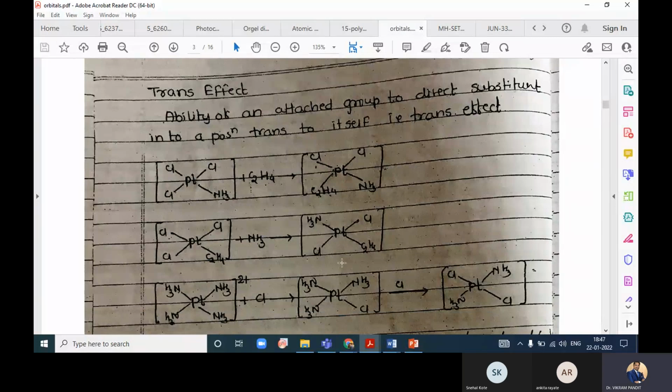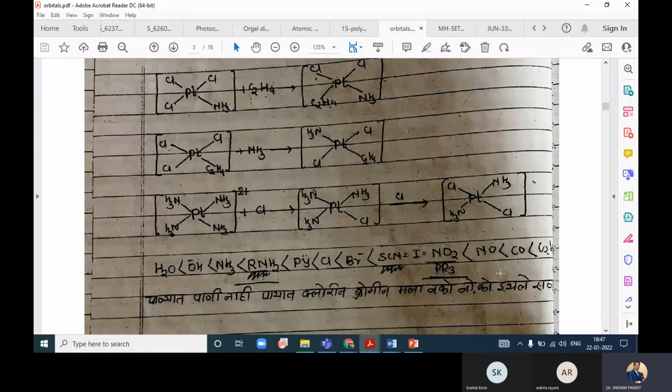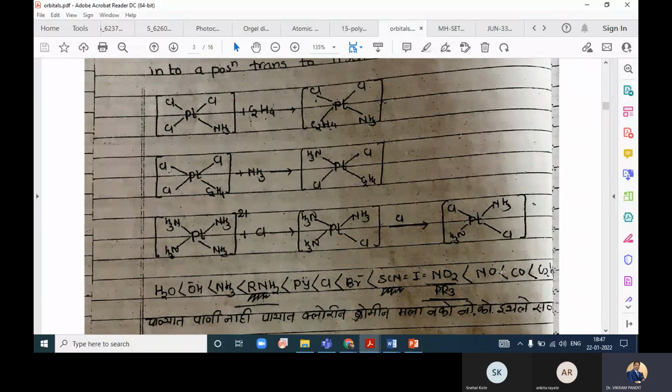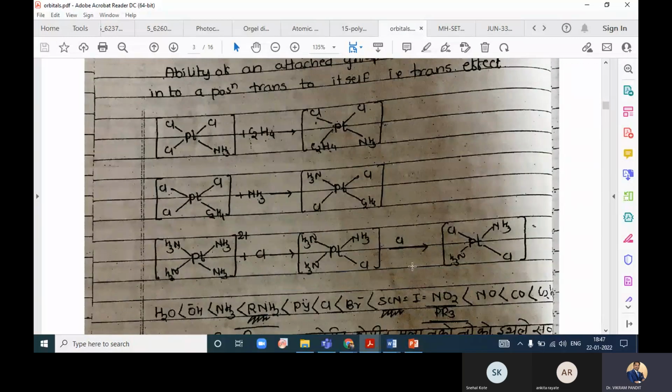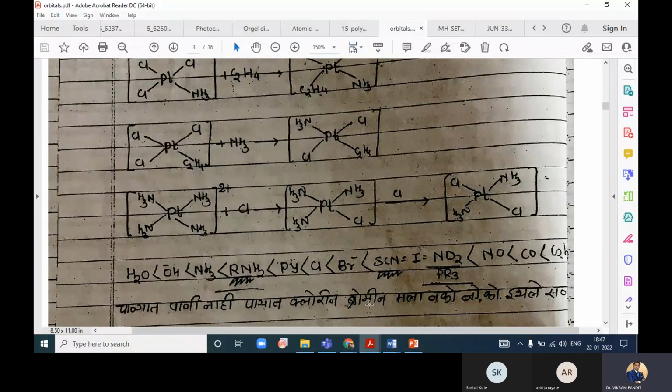Why you get such a product depends on the trans effect series. I will not show you the trick directly yet, but this is the actual trend, which shows that the groups on the right side have a greater trans effect than the groups on the left side.